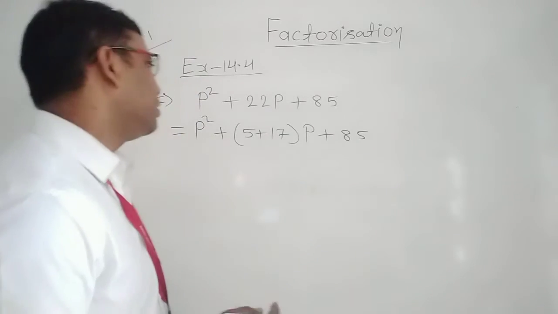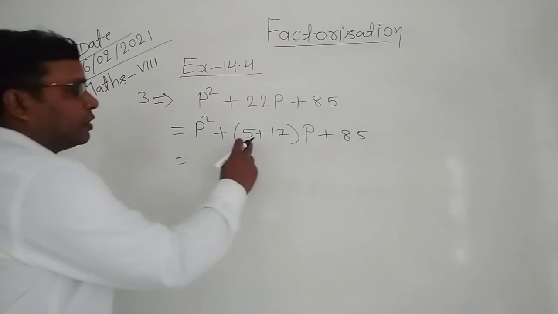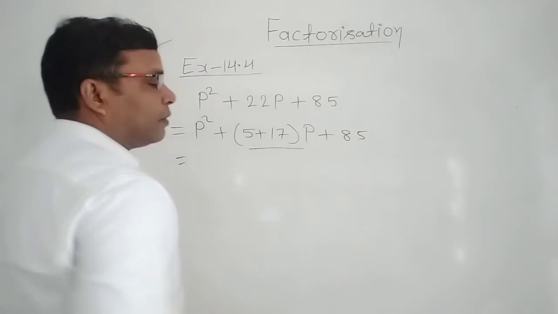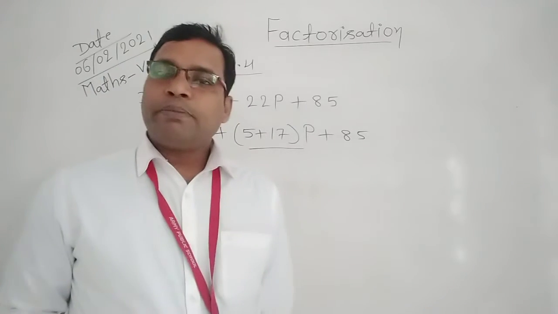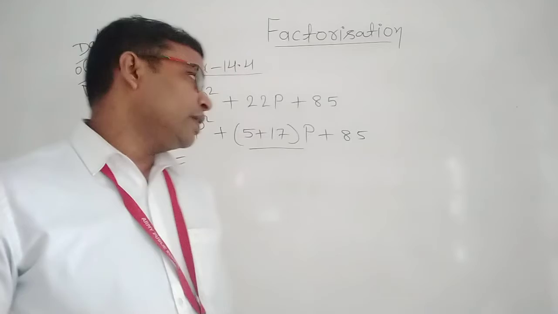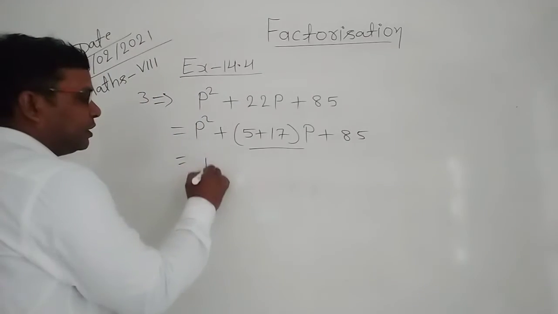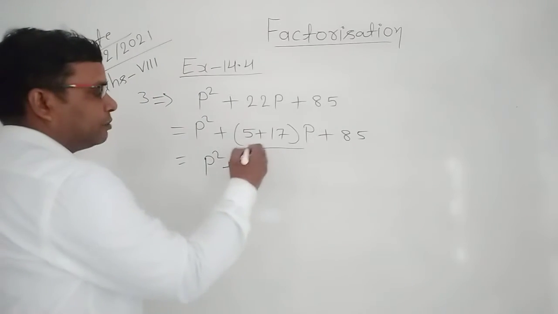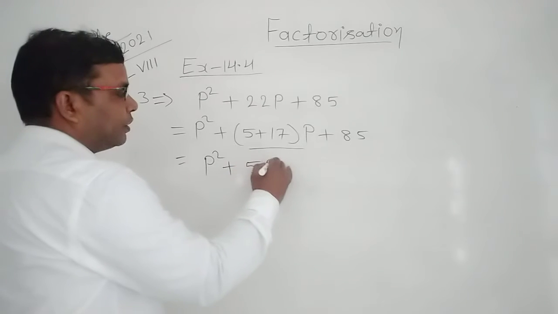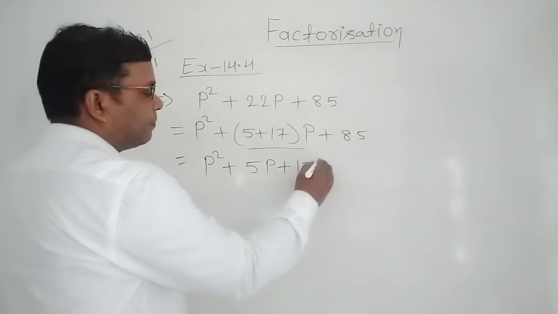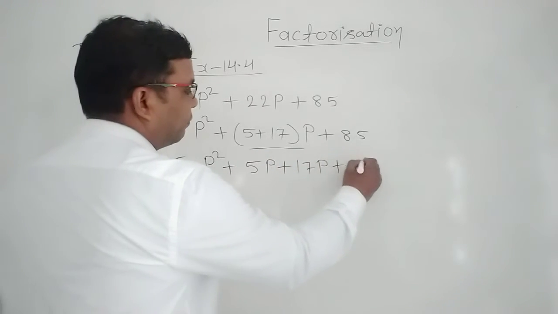Now here you apply the distributive law of multiplication over addition. According to this law, you can write p square as it is, and it becomes 5p plus 17p plus 85. This is clear.